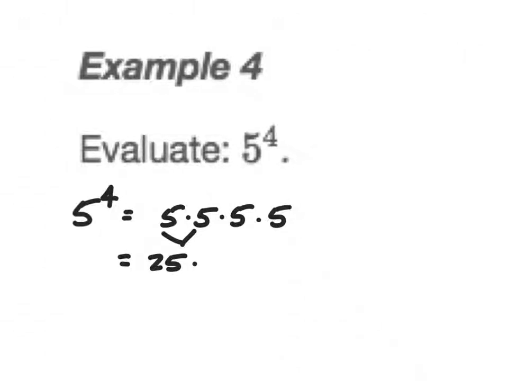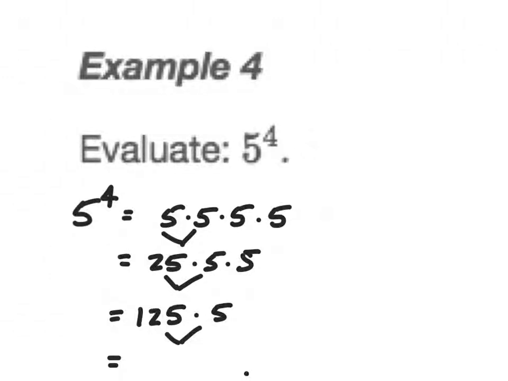I'm going to continue to multiply that by 5 and then by 5. 25 times 5 gives me 125. Then I continue to multiply that by 5. So 125 times 5 gives me 625. And that's the answer.